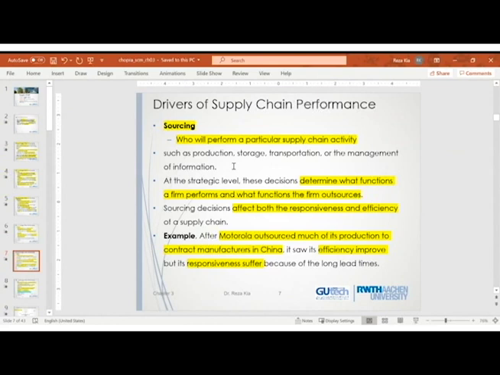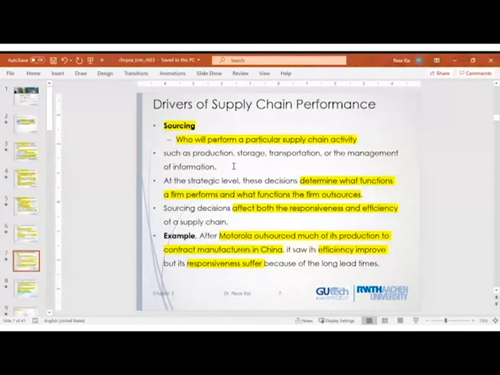Again, I put one example here, which is related to Motorola. They have outsourced their production manufacturers to China. As a matter of production costs in China regarding the low-level worker salary, the efficiency is improved because the production cost is reduced by shifting the source of manufacturing to China.